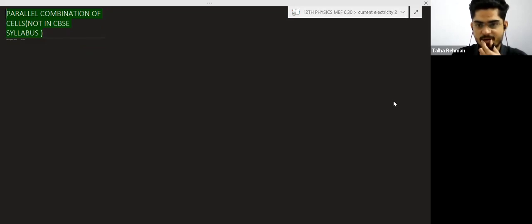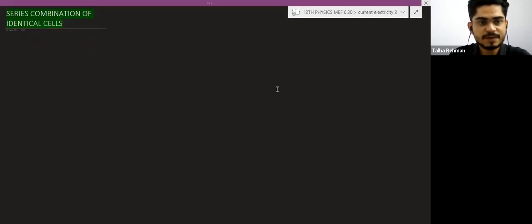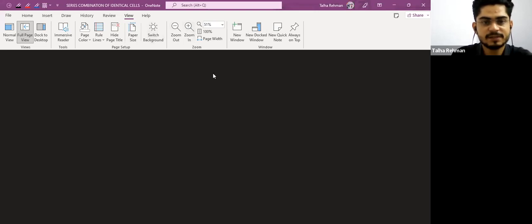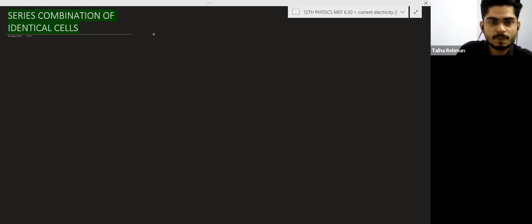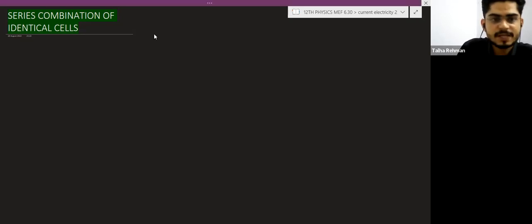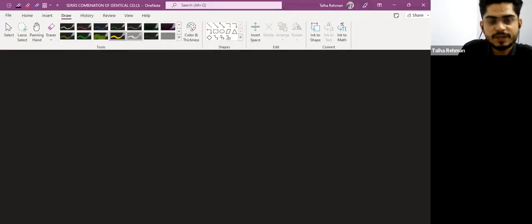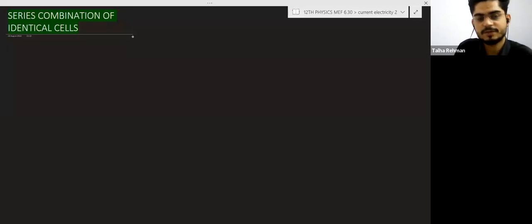Now we have series combination of identical cells. Identical cell means a cell having equal EMF and equal internal resistance. I am taking cells of equal EMF and equal internal resistance, and I am connecting them.